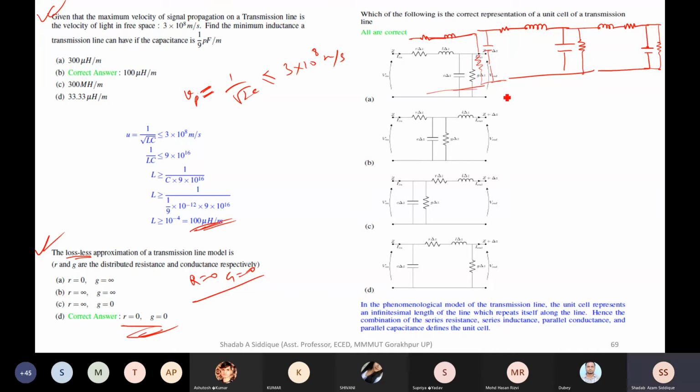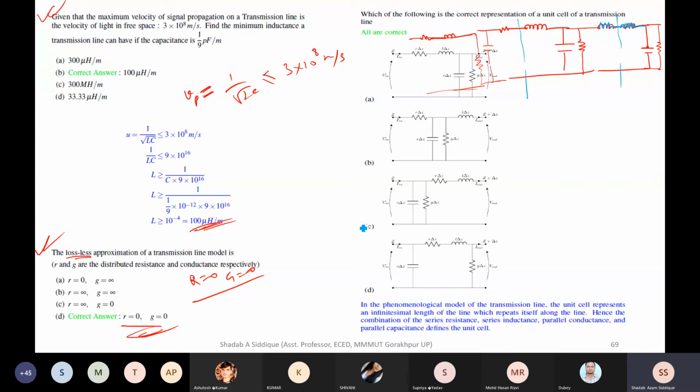Now we want to have the unit cell, so you can cut it from anywhere. I want to cut from here, so we can cut. You need to cut it from this side, so that resistance, inductance, capacitance, conductance should be there in one element. At least this should be there, and this can be cut at any position. So you can have this type of unit cell, this type of unit cell, this type of unit cell.